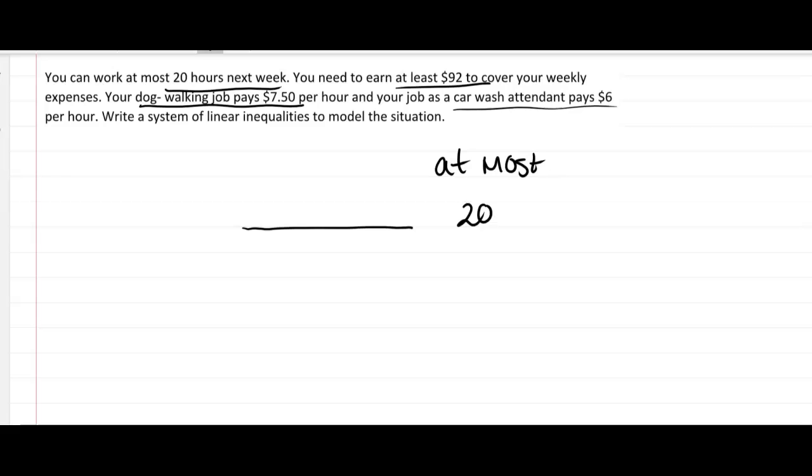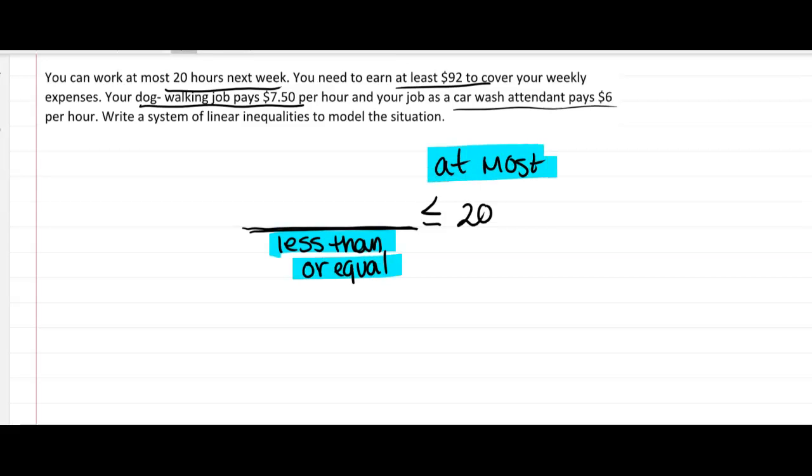So at most means that it is either 20 or less. 20 will be the maximum, which means that this side has to be less than or equal to. So the symbol that represents this side being less than or equal to will be the symbol, less than or equal to, because it says at most.